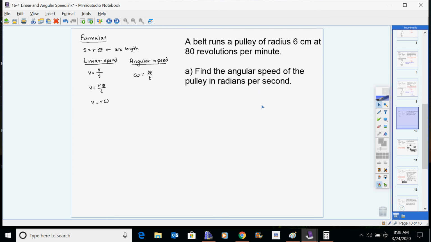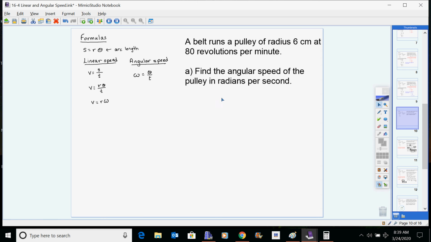So we've got a little bit of a logic path to follow on this particular problem, because there's no formula here that directly talks to revolutions per minute. But we need to think about what revolutions mean. Think about, for example, that when something has 1 revolution, that means it goes around that circle 1 time. How many radians is that?